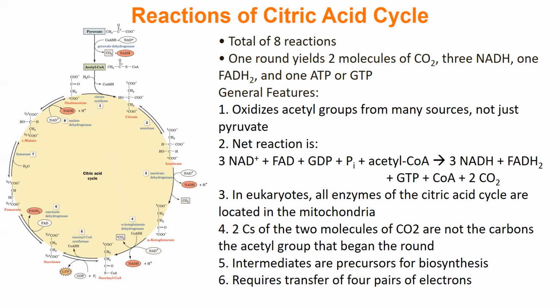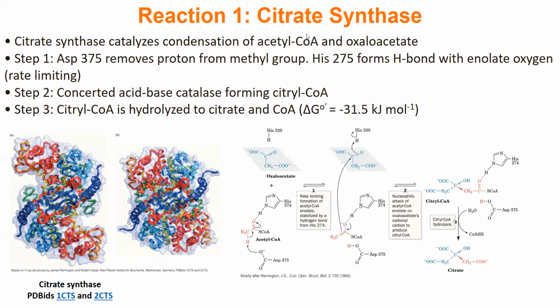So this is going to be very similar to glycolysis in the way that we're going to look at this. So our first step of the citric acid cycle is we're going to take our acetyl-CoA that we just made from PDH. Right, so this is coming from PDH.